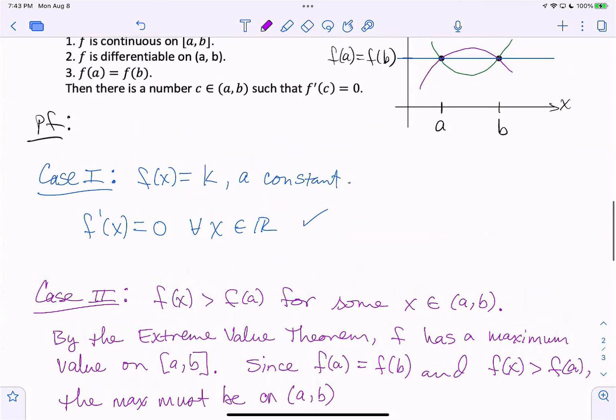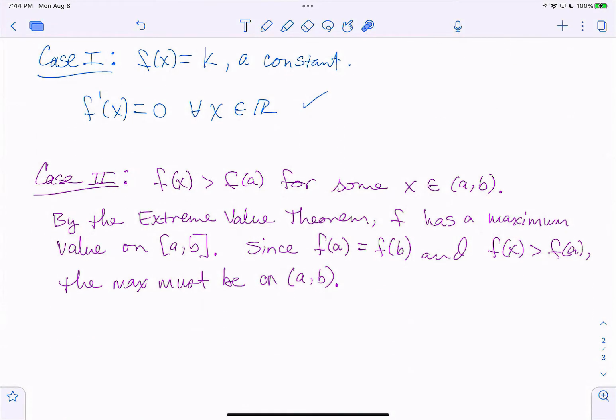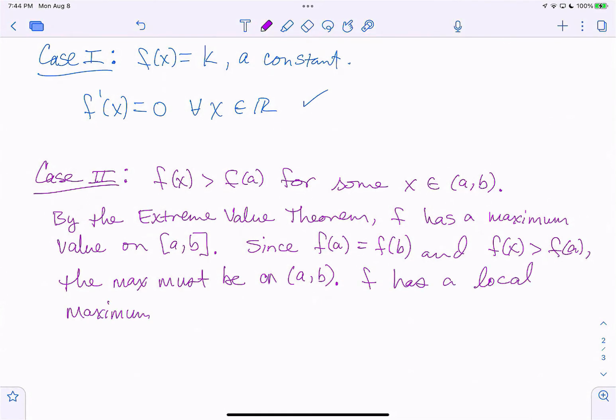We've already said there's a place where the function value is higher than f of a and f of b. If I have a maximum on an open interval, then I know that f has a local maximum on the open interval from a to b. Let's say that that local maximum is at c.